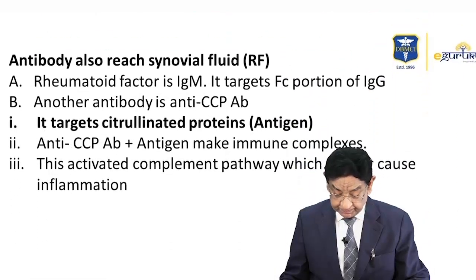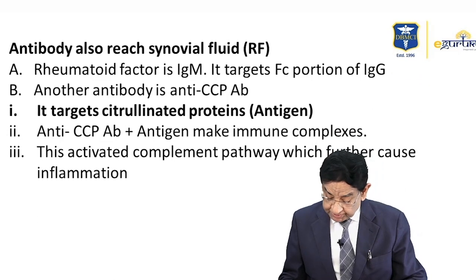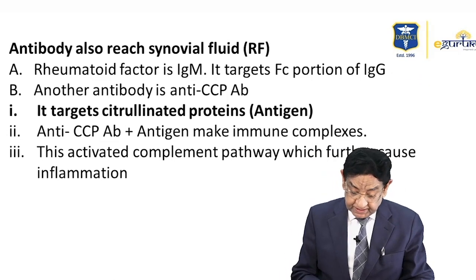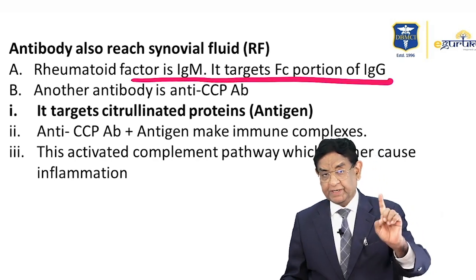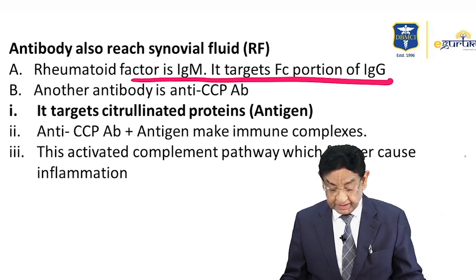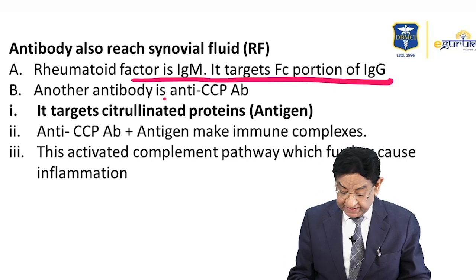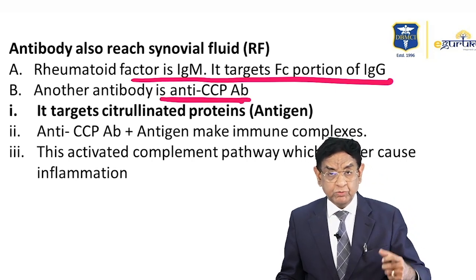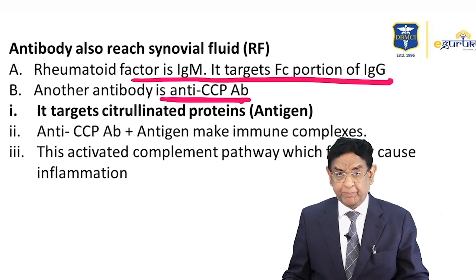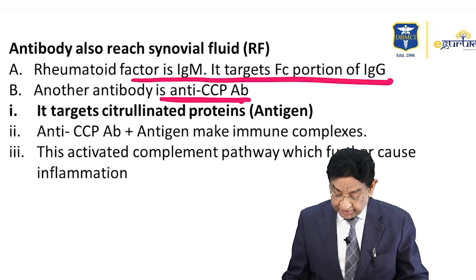First of all, we learned about the antibody: they are IgM, they target the FC portion. This point is already with you. But not only this, there is one more antibody called anti-CCP antibody. Note it down. There are two antibodies which are really important in RA: one is rheumatoid factor and another is anti-CCP antibody.